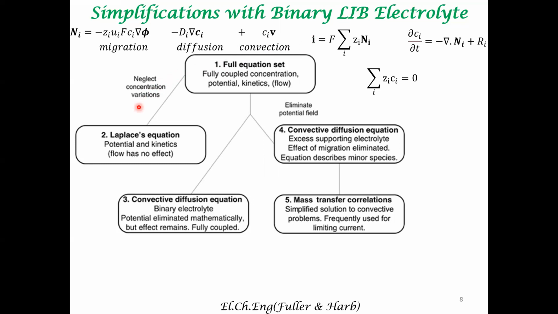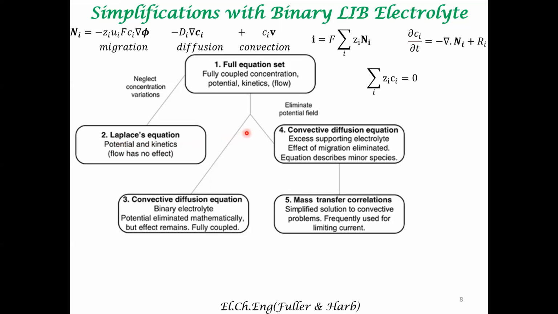Okay, so we first introduced approximations or experimental situations where we can neglect concentration variation, and we can reduce the set of equations to just the Laplace equation, wherein only the electrochemical potential is of relevance.